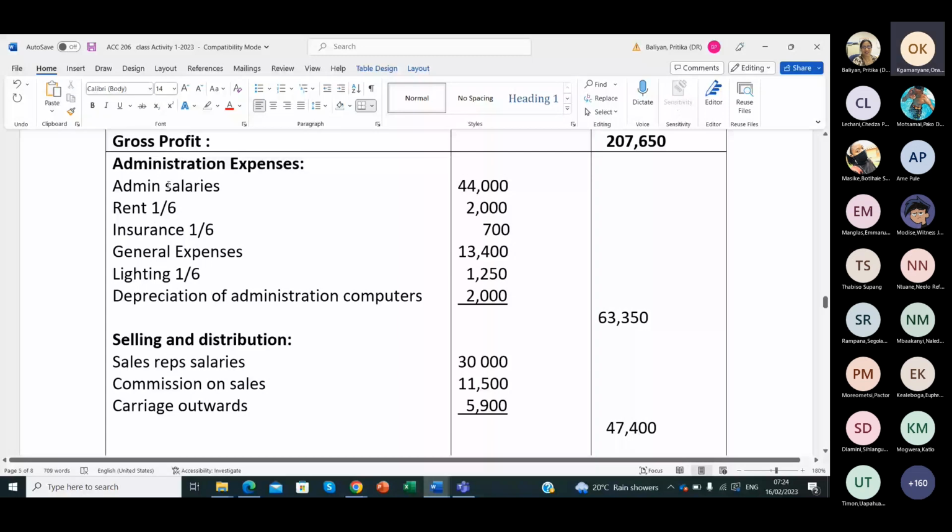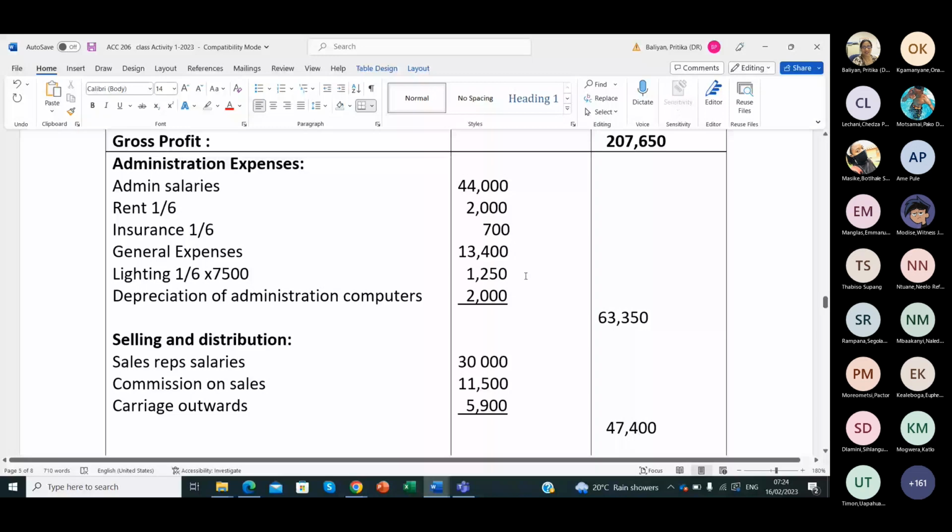So 1/6 of total rent will go to the administration. 1/6 of the insurance cost will be accounted to the administration expenses. Lighting, the total lighting charges is 7,500. So 1/6 portion of 7,500 will be 1,250. That's how we get 1,250. You understand?